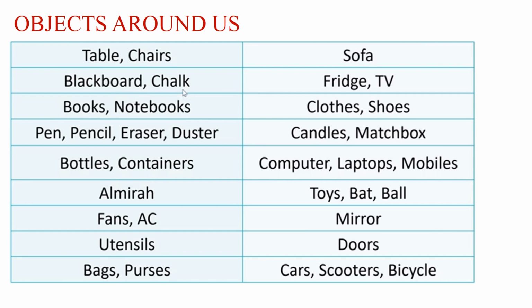If you look around, you will find yourself surrounded by a variety of objects such as table, chairs, blackboard, chalk, books, notebooks, pen, pencil, eraser, bottles, containers, fans, utensils, AC, bags, sofa, fridge, clothes, shoes, candles, matchbox, even computers, laptops, mobiles, toys.